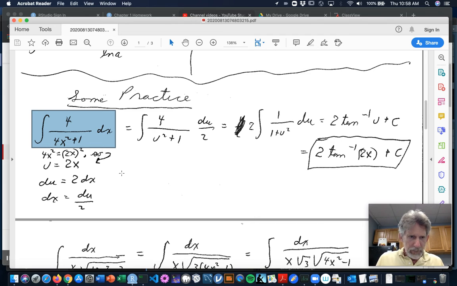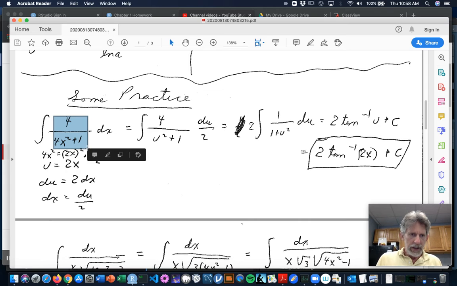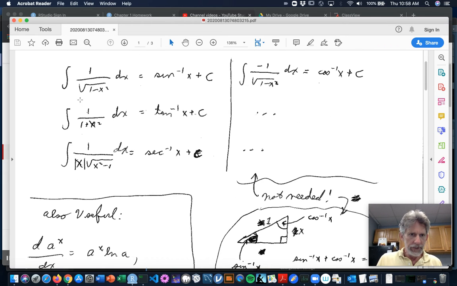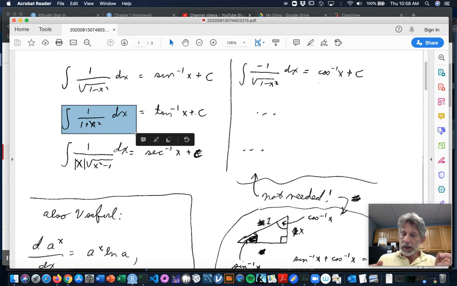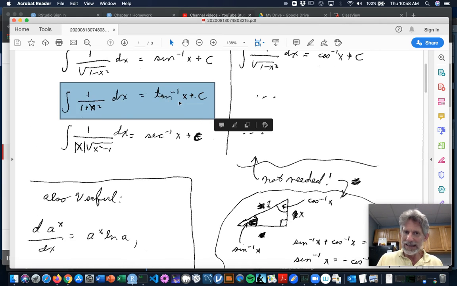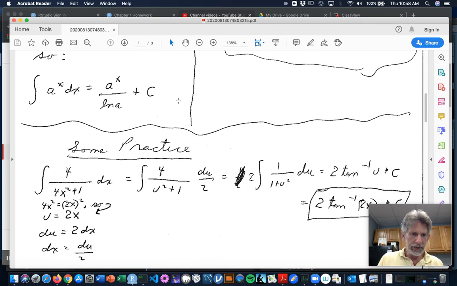Well, I stare at this integrand, and it just vaguely reminds me of this. You know? That's how well you got to memorize your antiderivative formulas. They should just pop into your mind when you see stuff that's structurally similar. And so I'm wondering if I could somehow bring this in to my problem here.